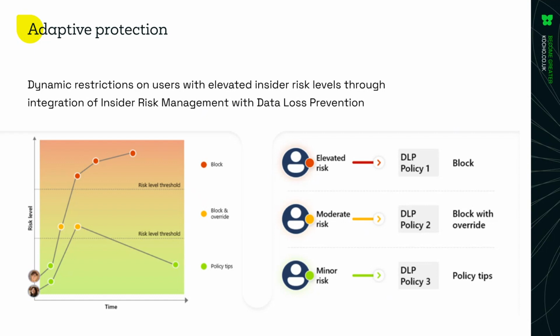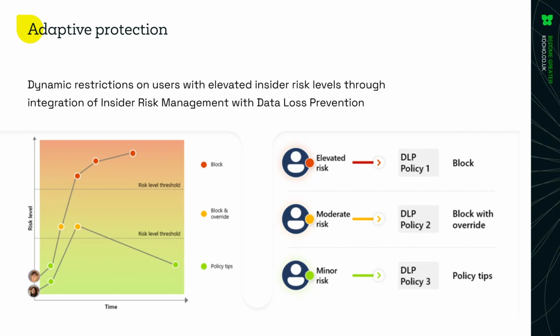I could have a DLP policy that says, if my user has got an elevated insider risk, then I should be blocking something. I should be blocking you from sharing content externally or with certain information, or maybe not allowing you to print sensitive documents that have confidential labels on, for example, whatever other controls you want to do.